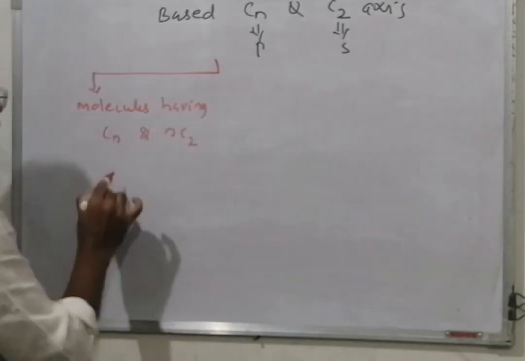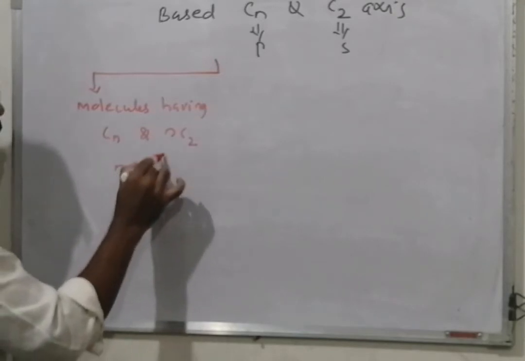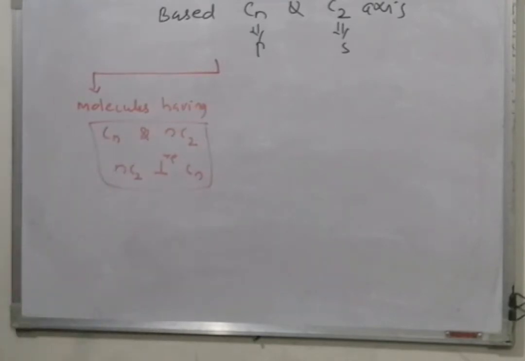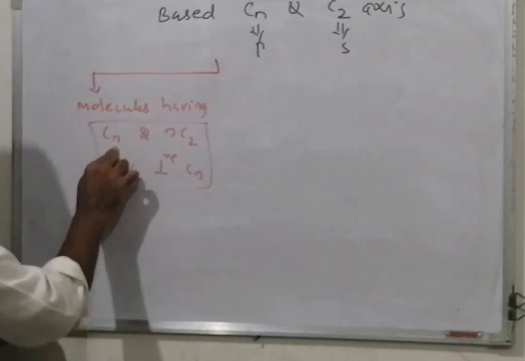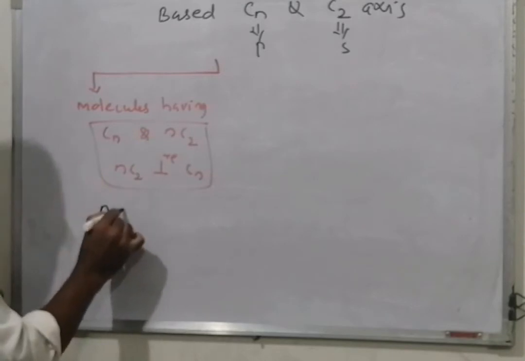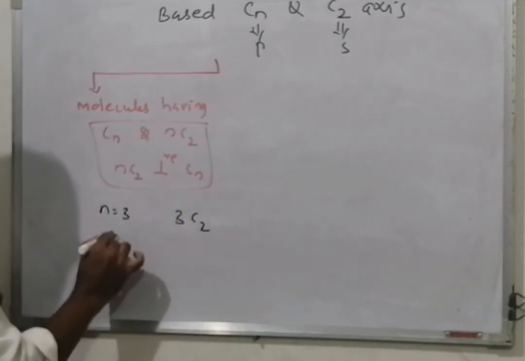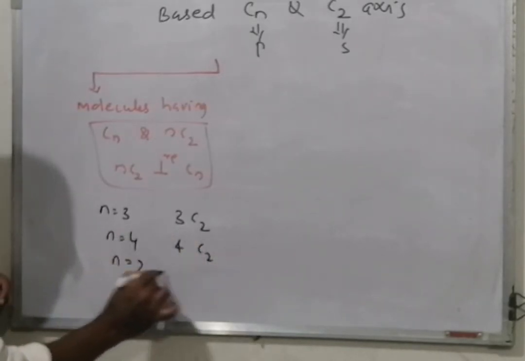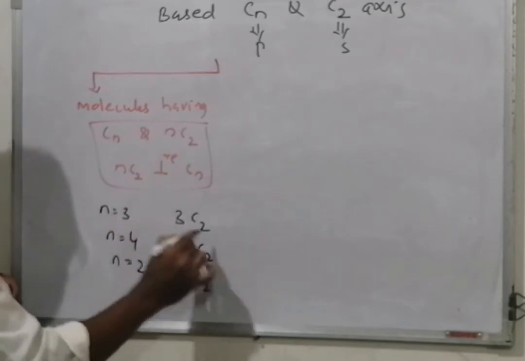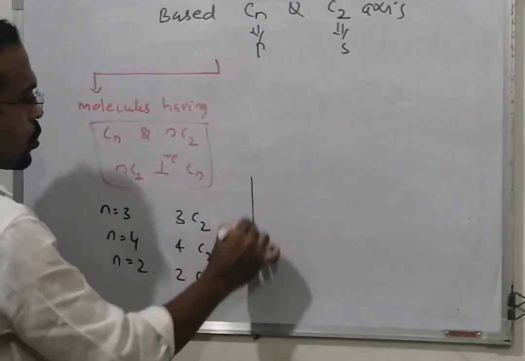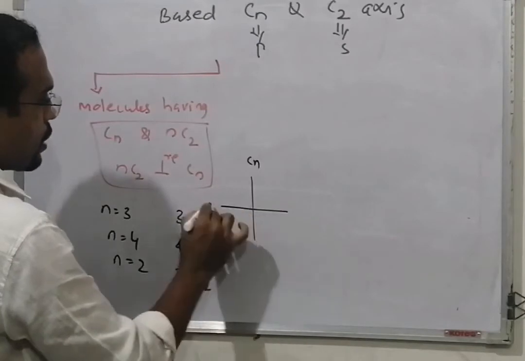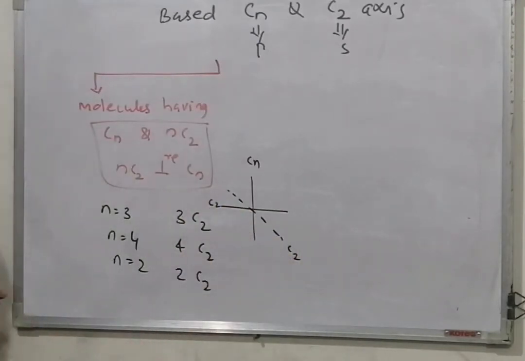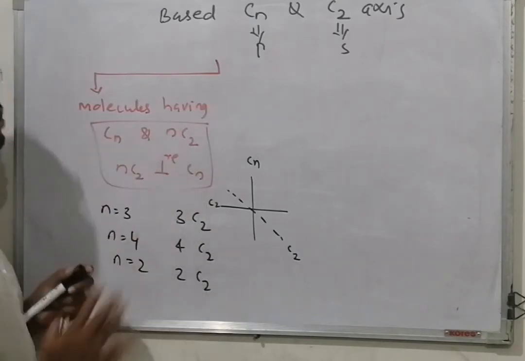Very important, this nC2 is perpendicular to Cn. Molecules having a principal axis Cn, whatever the number here, suppose n is equal to 3, 3C2, n is equal to 4, 4C2, like that. N is equal to 2, 2C2. And not only that, C2 is perpendicular to Cn. Suppose this is Cn, C2 will be like this. That is, C2 is perpendicular to Cn.